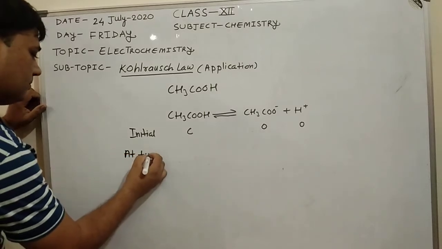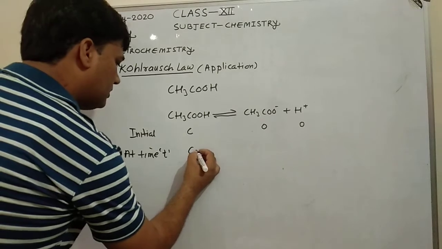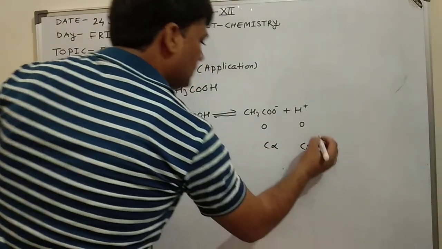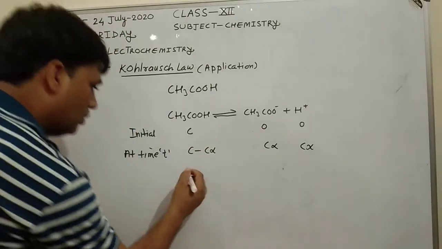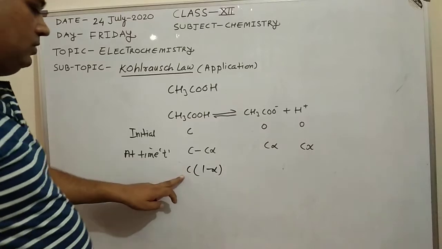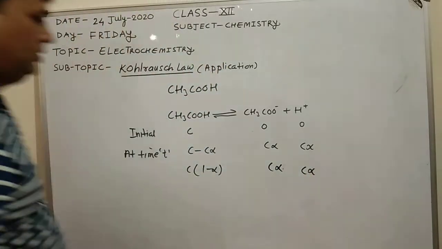At time t the concentrations are C alpha and C alpha. Alpha is the degree of dissociation, so the acid concentration is C into 1 minus alpha. This is C alpha and this is C alpha.